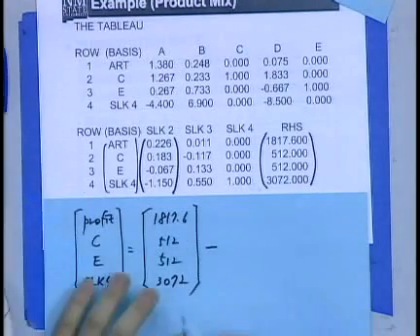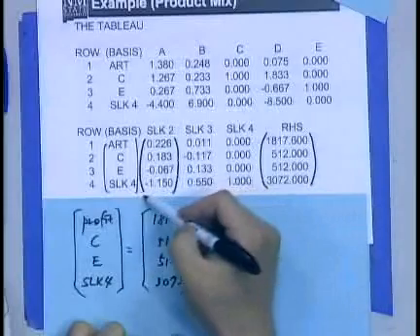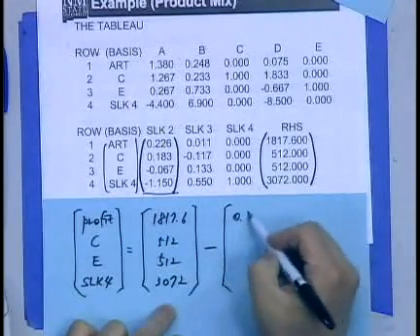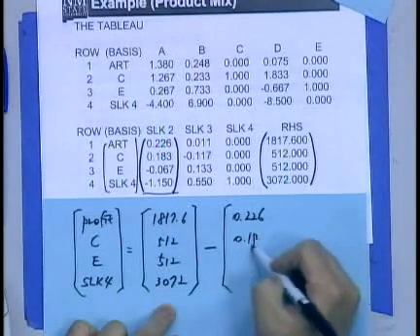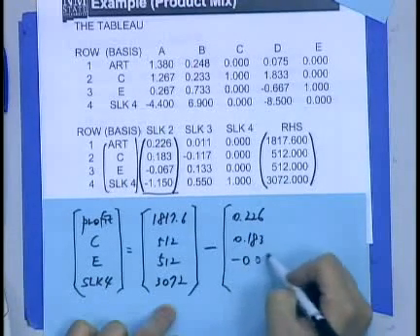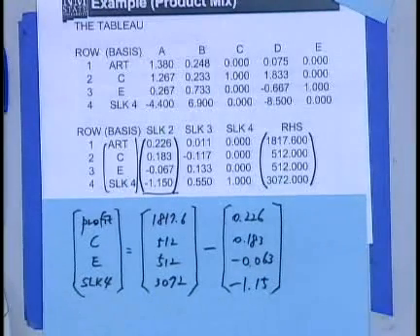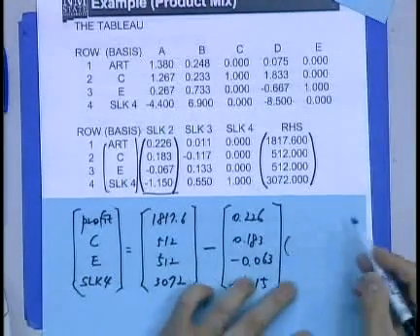minus substitution rates for slack variable 2, right? Times how much?